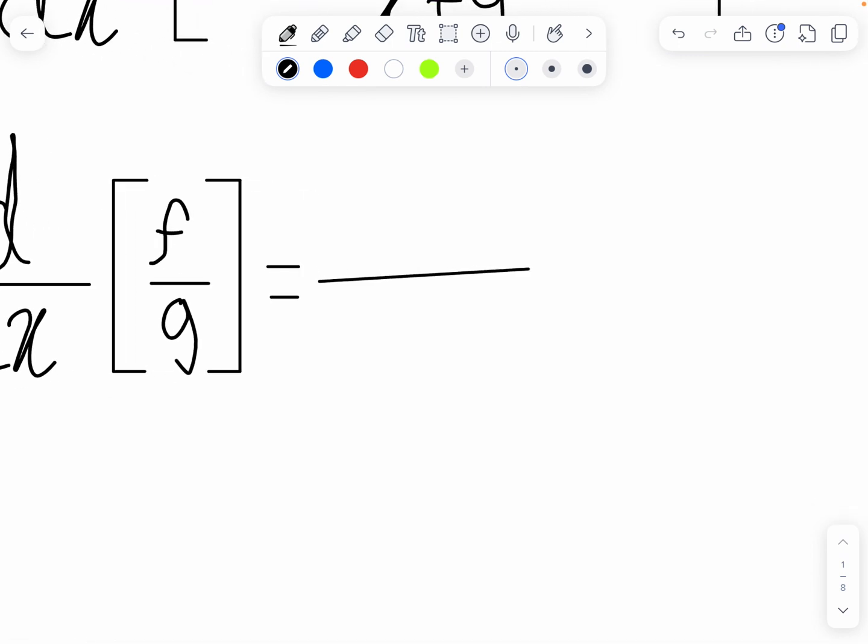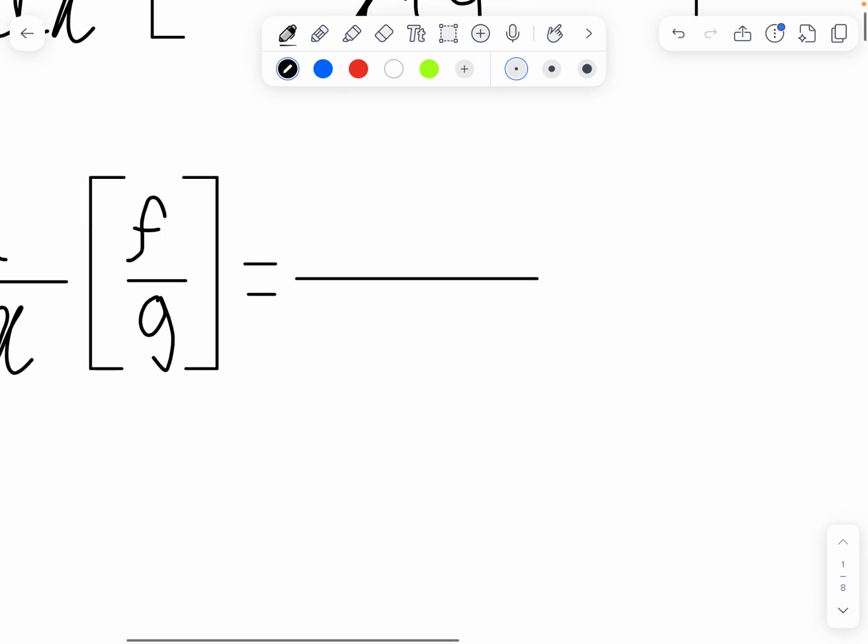So for that derivative, we have to do the derivative of f, which we denote by the tick mark on the top, or as I like to say, it's prime.